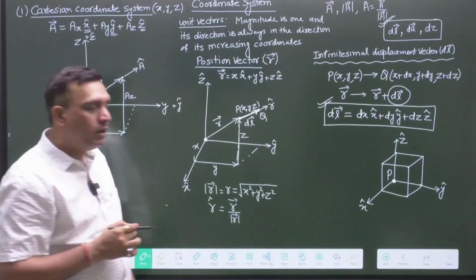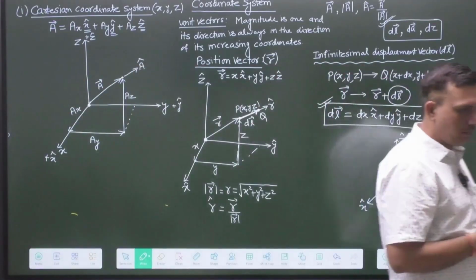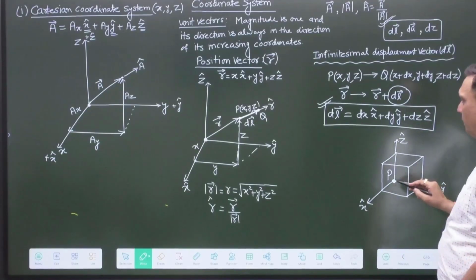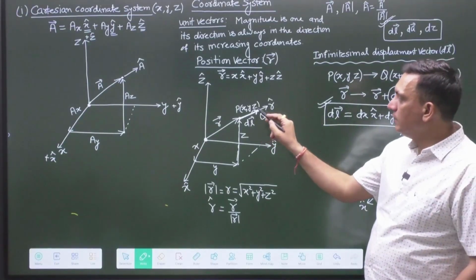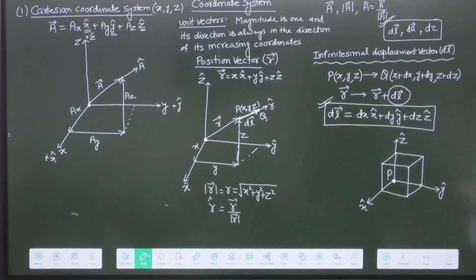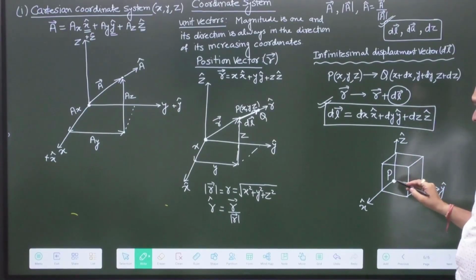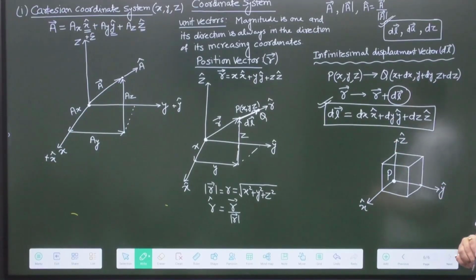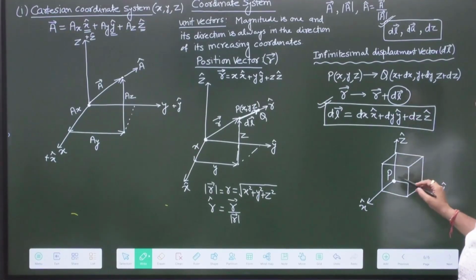And what is the coordinate of point P? X, Y, Z. This coordinate P is this point. So its coordinate is X, Y, Z. Draw this figure. Point P coordinate is X, Y, Z. Now you have to show point Q on this elemental cube.